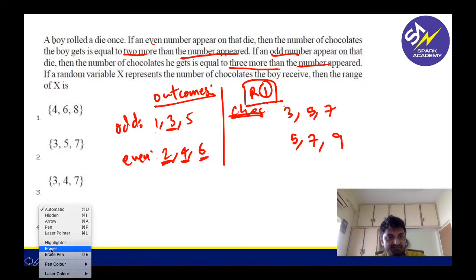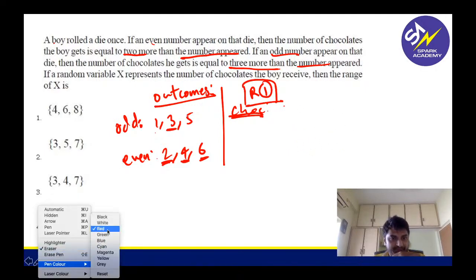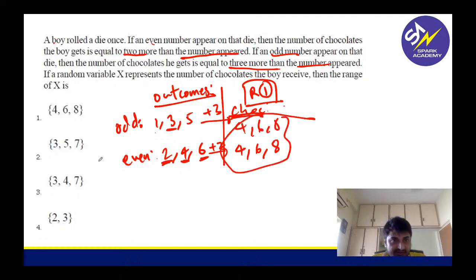My bad. For even it is 2 more than, so for even it will be 4, 6, 8. And for odd it will be plus 3. For even it is plus 2, for odd it is plus 3. So the range is 4, 6, 8, first option.